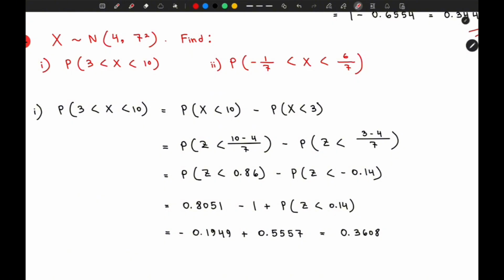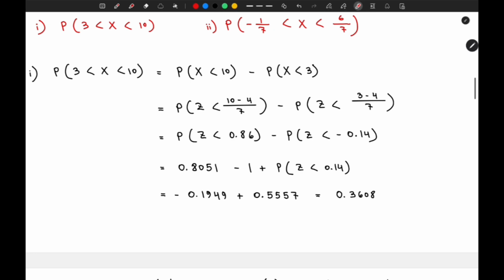And then you need to convert these values to z. So you can use the formula that z equals x minus the mean divided by the standard deviation. The standard deviation is 7 and the value of mean is 4. So this is equal to around 0.86. And this will give you a value of negative 0.14.